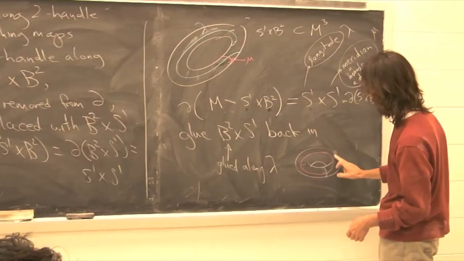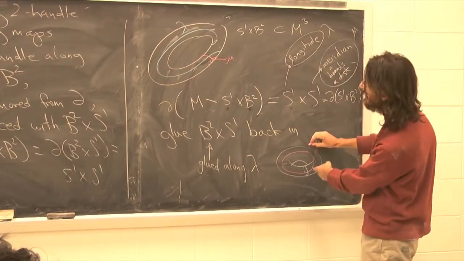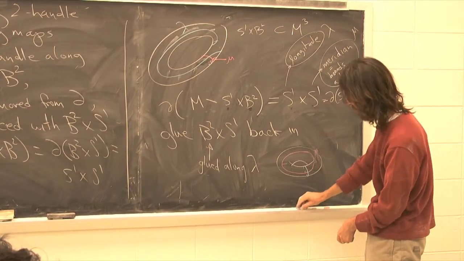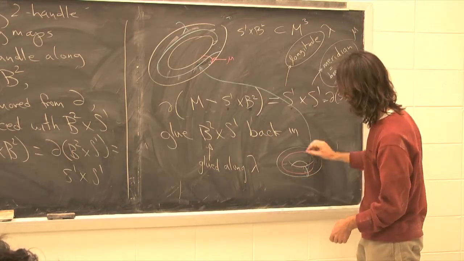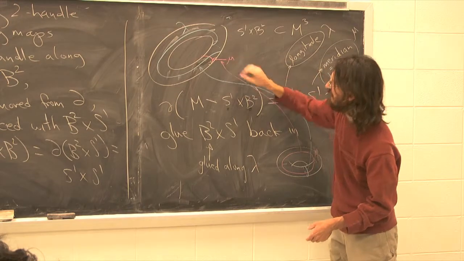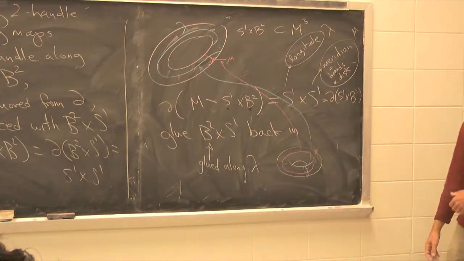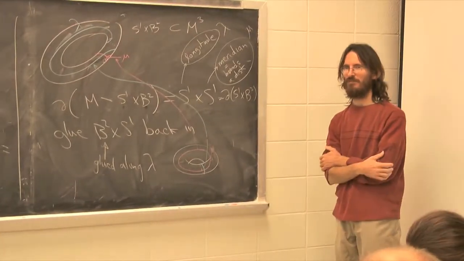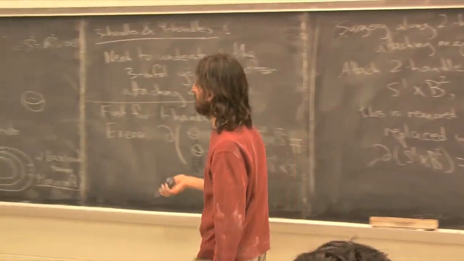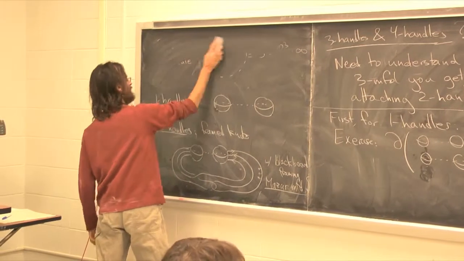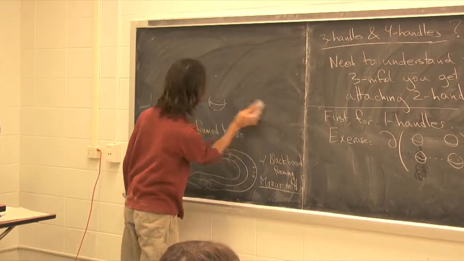Sorry. I'm going to glue this in so that the blue stuff corresponds to the blue stuff there, and the red stuff corresponds to the red stuff there. And that's going to obviously change the manifold in a highly non-trivial way. And that's called surgery on a three manifold, and you need to specify a framed knot to do it.